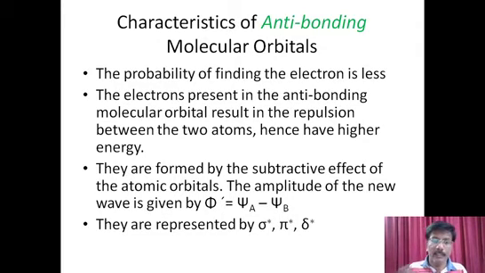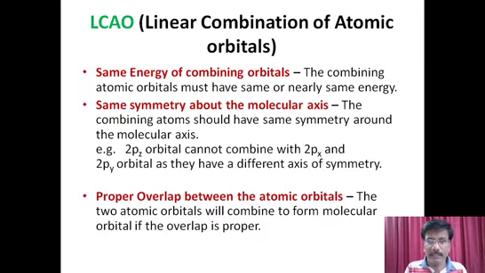That is the reason why they are unstable, and the representation is psi a minus psi b. These antibonding orbitals are represented with stars, sigma star, pi star, like that, and higher energy. These are the main three characters of antibonding. Similarly, the main three characters of bonding are lower energy, psi plus psi, and a bonding type of nature.